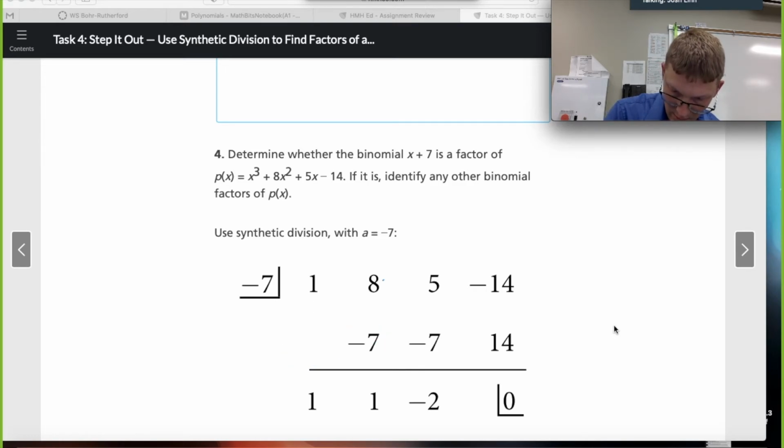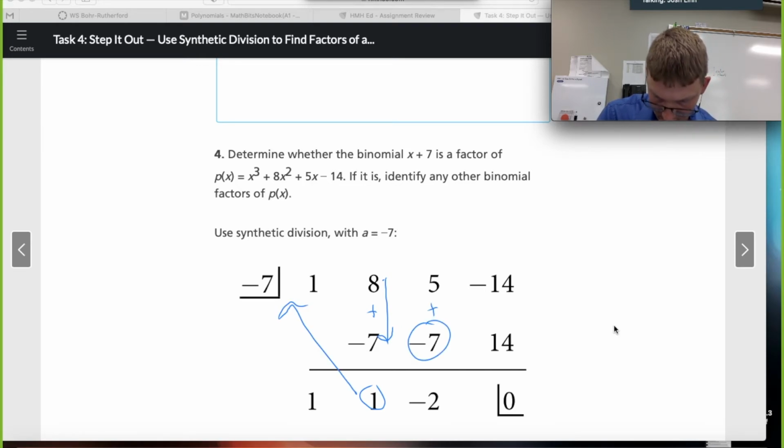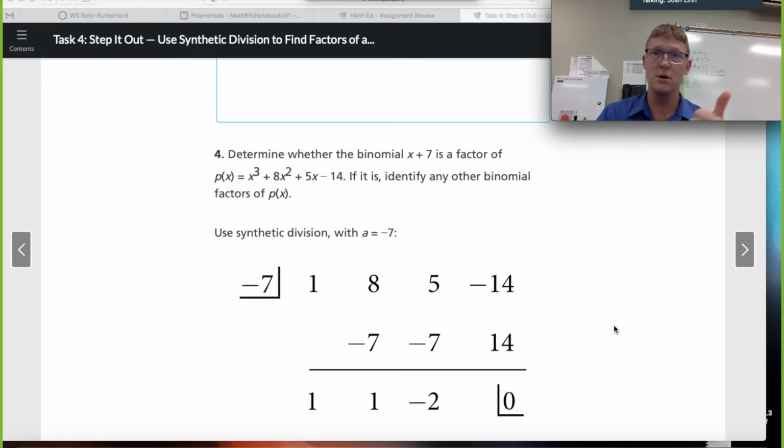Then we add, and we get 1. 1 times negative 7 is negative 7. Then we add, going down, and we get negative 2. Negative 2 times negative 7 is 14. Then we add, going down, and we get 0. Because that is 0, our remainder is 0, which means that x plus 7 is in fact a factor of this polynomial.